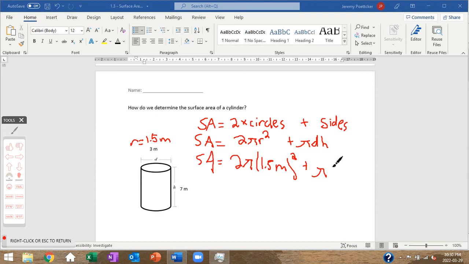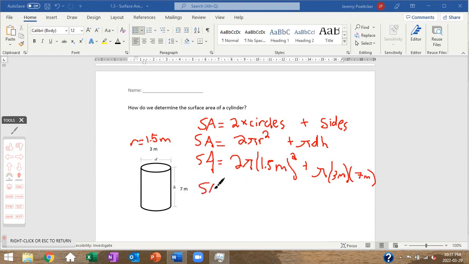Pi times the diameter, which is 3 meters, times 7 meters. Pi times 3 times 7. There we go. That's my height.